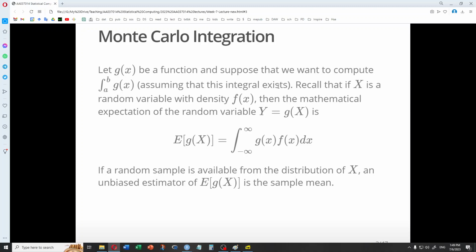Recall that if X is a random variable with density f(x), then the mathematical expectation of the random variable Y = g(X) is given by the integral of g(x) f(x) dx. If a random sample is available from the distribution of X, an unbiased estimator of the expected value of g(X) would be the sample mean.